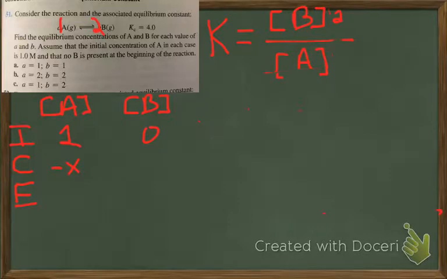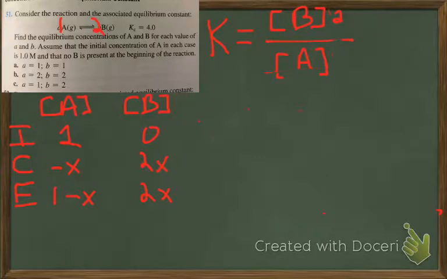What's the change in B going to be to move towards equilibrium? 2x. Because look at my ratio. It's a 1 to 2 ratio now. That means that my equilibrium value for A is going to be 1 minus x, and for B, 2x.